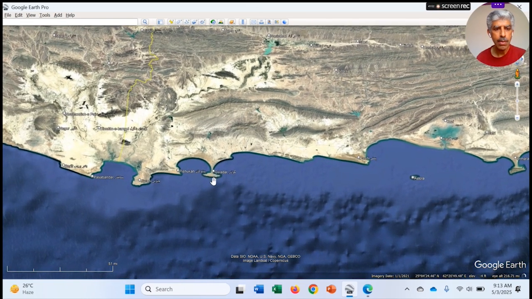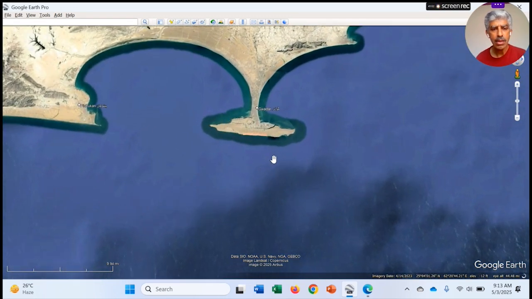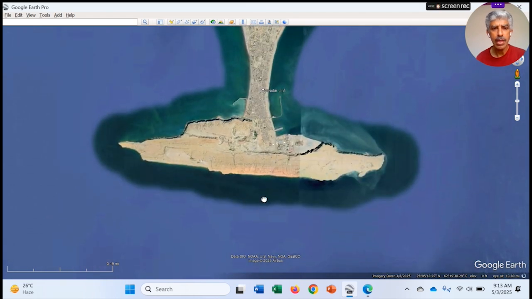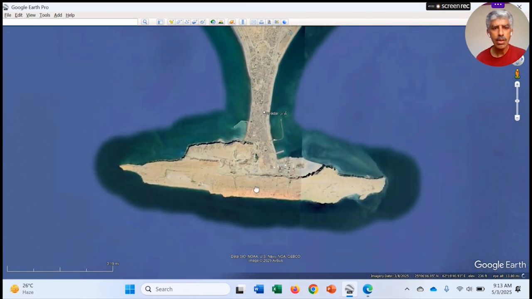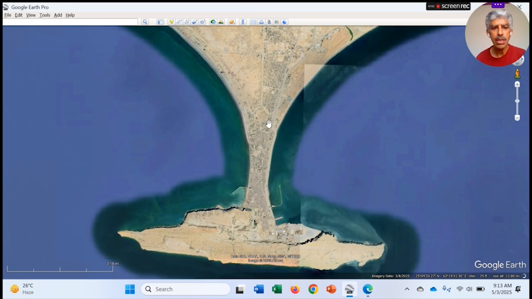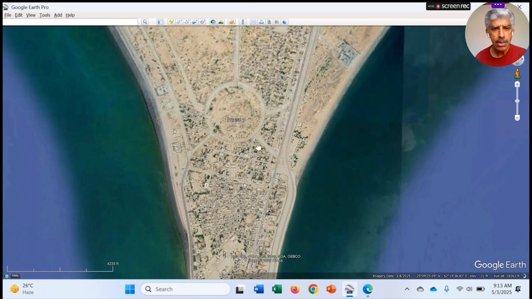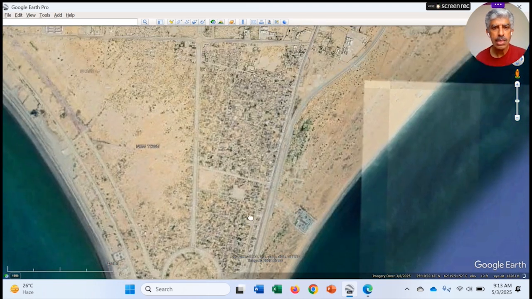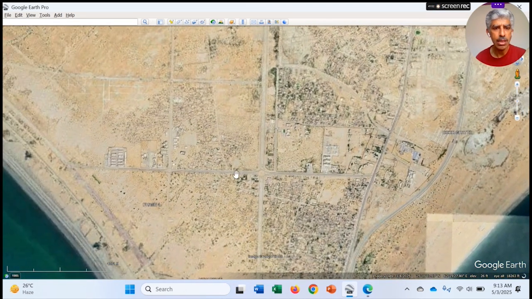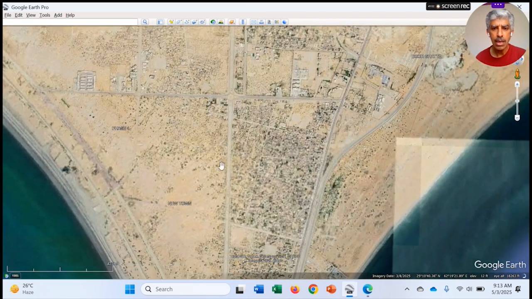If I get closer to Gwadar, you will be surprised to see how naturally occurring harbor is over here, and we have this whole Gwadar town here. This is all Gwadar town, the city of Gwadar, people residing over here, and now there are certain settlements increasing over here, and you can see the road network.